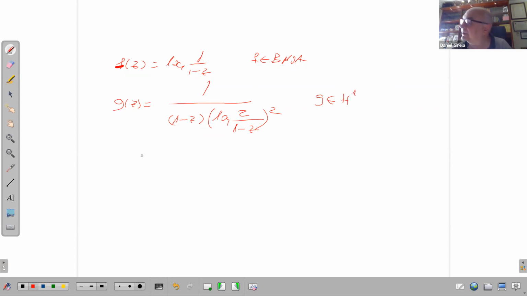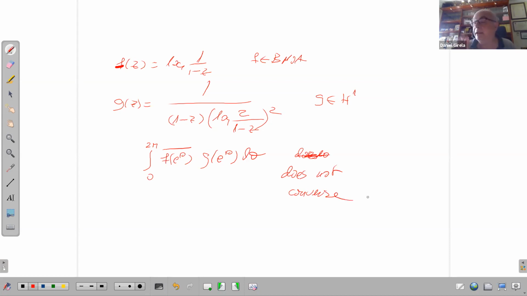For this function, it is not difficult to prove that the integral of f(e^{iθ}) times g(e^{iθ}) does not converge. So the theorem is precise, and we cannot substitute this limit as r tends to 1 by the integral over the boundary.